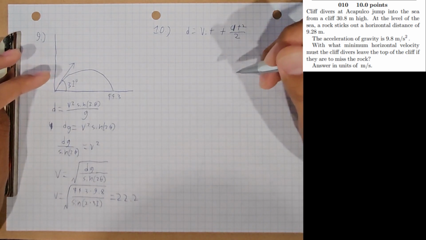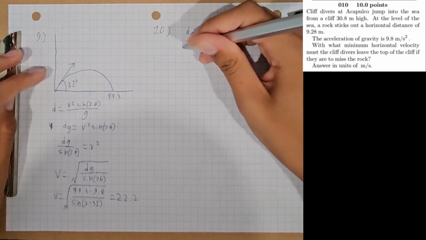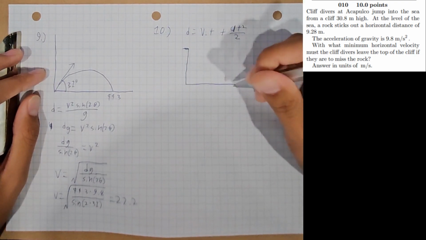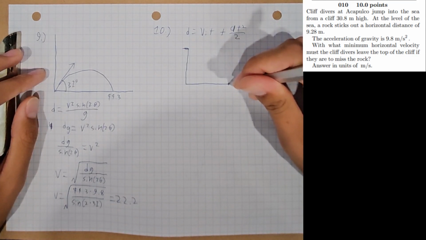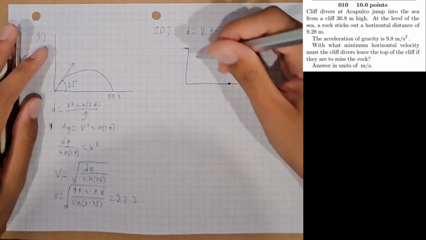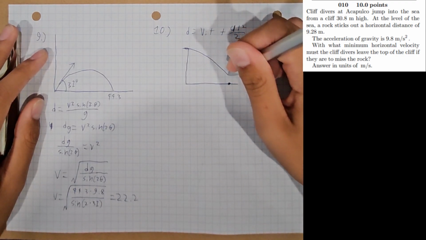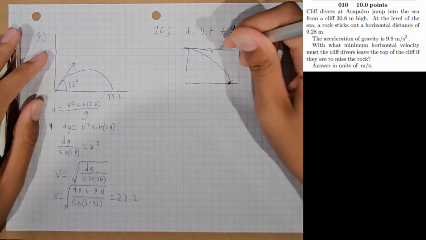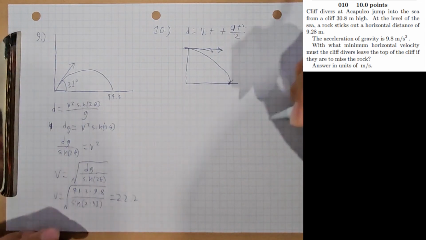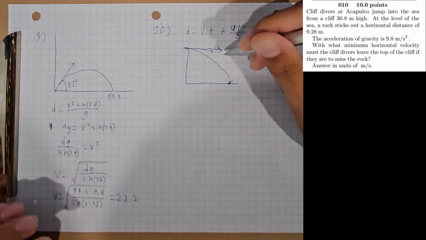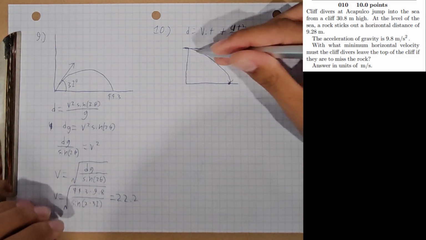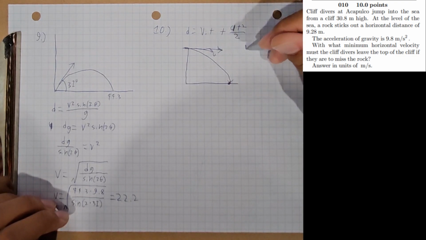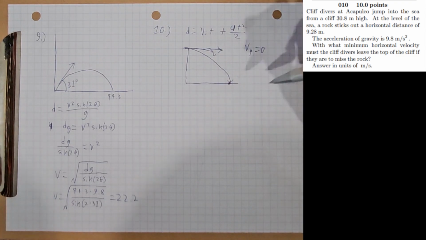Okay, I'll draw this one as well. This is where they're jumping from, down here. What the problem is asking for is this straight line, this x component, because the y component of the initial velocity is 0, so vy equals 0.